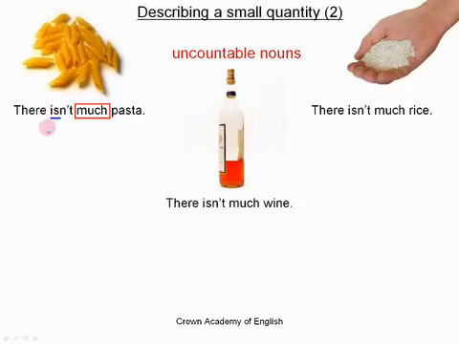This is the third person singular of the verb to be. And it is the same here again. There isn't much rice. And the same here. There isn't much wine.